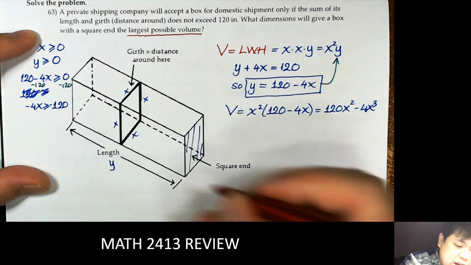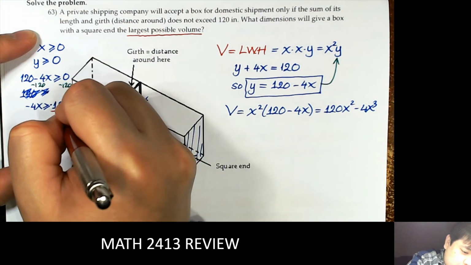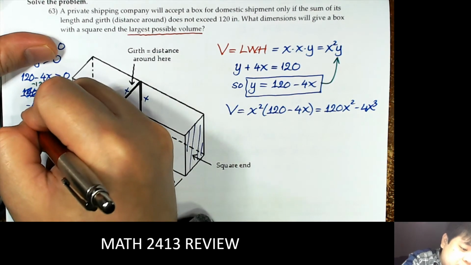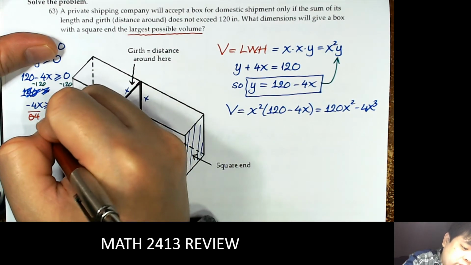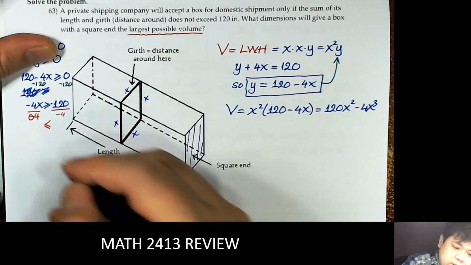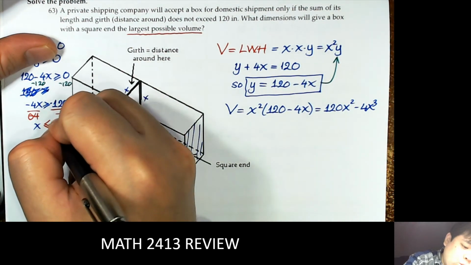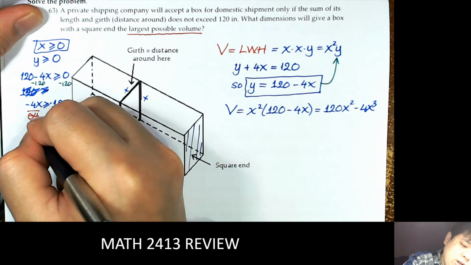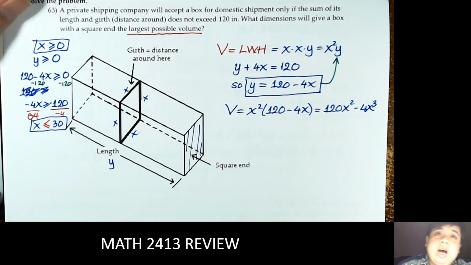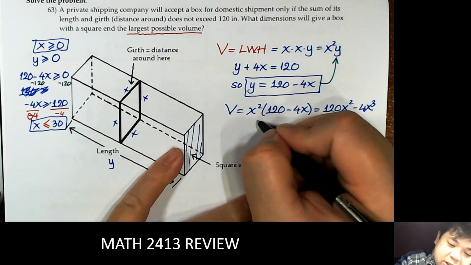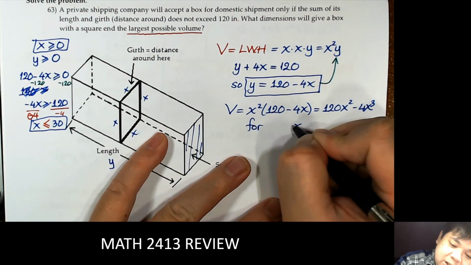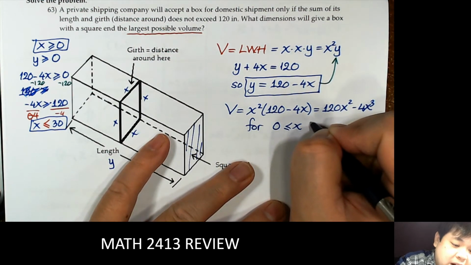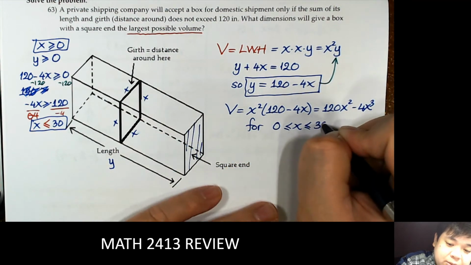And divide by negative 4 on both sides. Since we divide by a negative number, the inequality must be reversed. So x is less than or equal to 30. Now we have x greater than or equal to 0 and less than or equal to 30. So that is the boundary for our problem: x greater than or equal to 0, and less than or equal to 30.